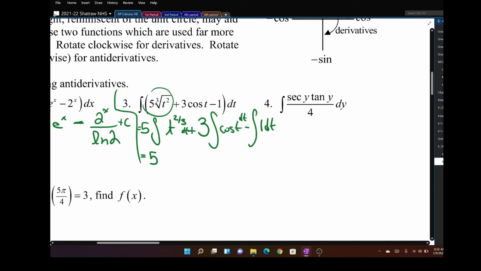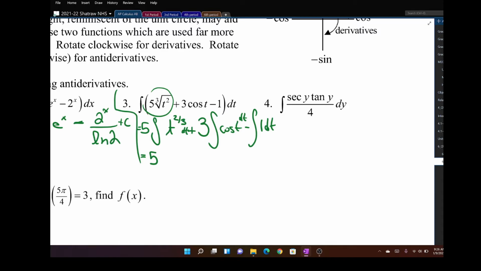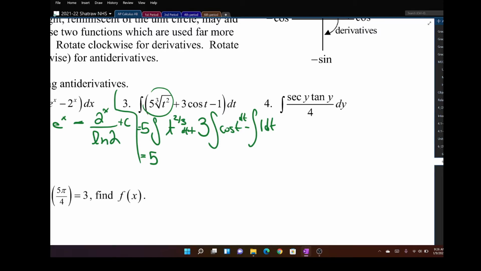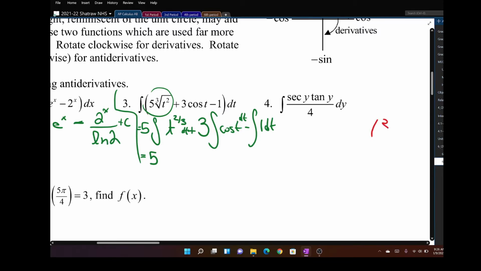I have that 5 out in front, and you know what would have been handy actually is for me to say, hey, I'm bringing up my power from 2/3. I'm going to add 1 to it, so that's 1 and 2/3, and I want to write that as a fraction, so that's actually going to be 3/3 plus 2/3, which is 5/3. Aha! Now I know where that 5 comes from.